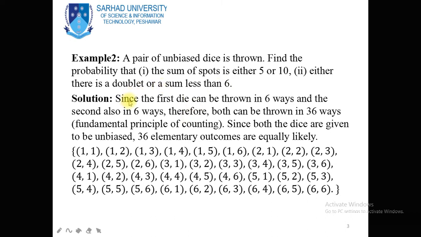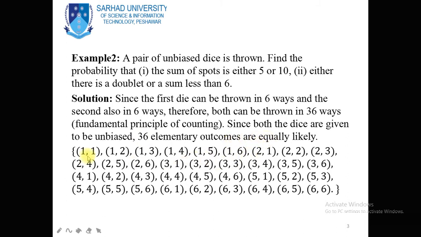For the solution, since the first die can be thrown in 6 ways and the second also in 6 ways, both can be thrown in 36 ways. This is called the fundamental principle of counting. Since both dice are unbiased, the 36 elementary outcomes are equally likely.